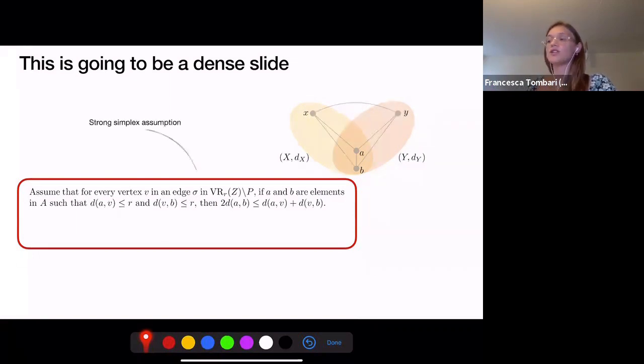And we refer to this condition as the strong simplex assumption.